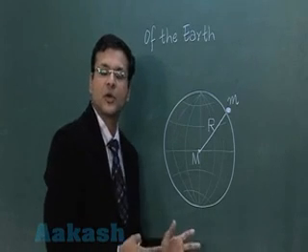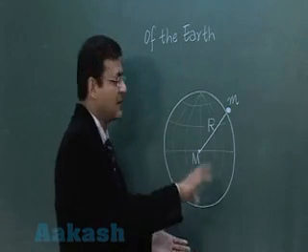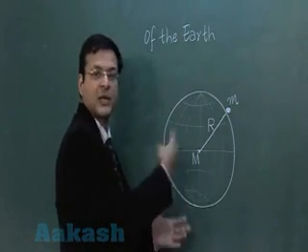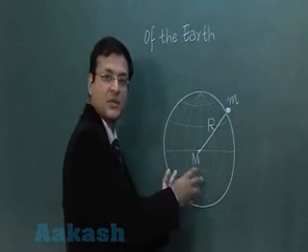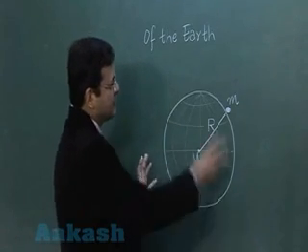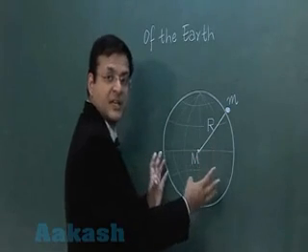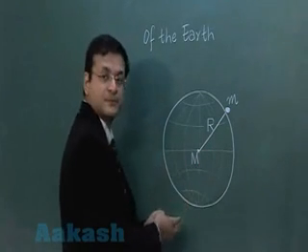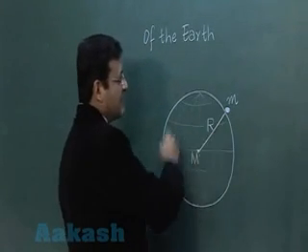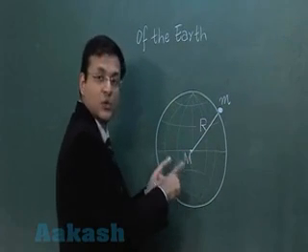Remember that so long as Newton's law of gravitation is concerned, it was said that for spherical masses you can assume as if the entire mass is concentrated at its center. So maybe this Earth is shown as a large sphere, but the entire mass of the Earth is concentrated at its center as it has been shown here.